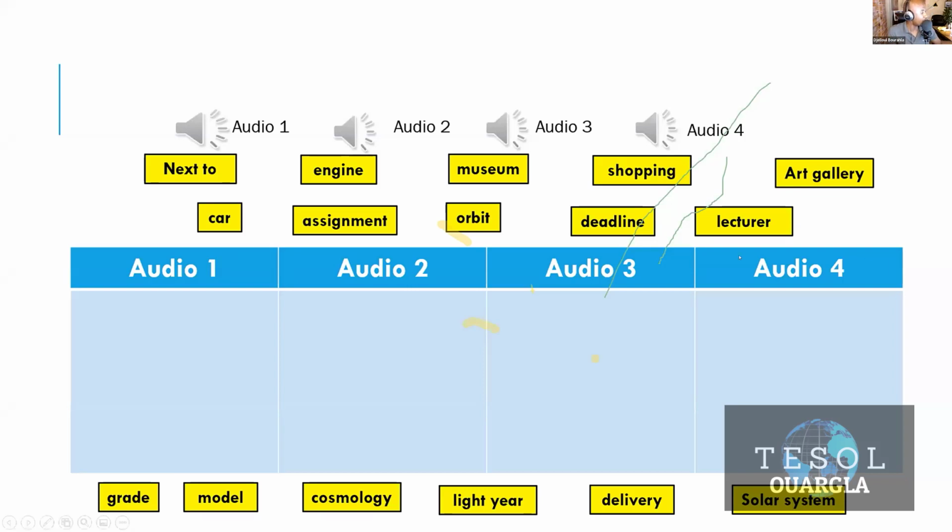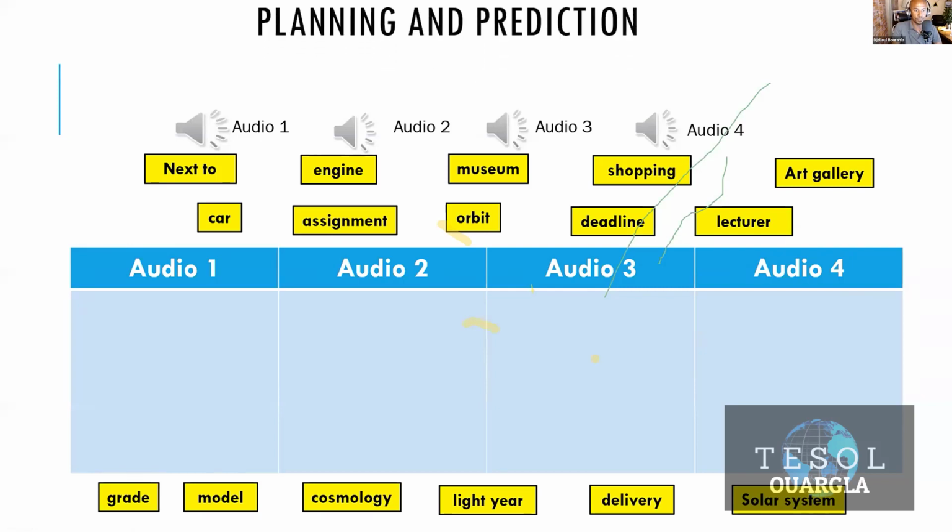Go ahead, please write down in the chat box. Car. What else? Car sales. What else? Car engine. Shopping. Totally. Model. Yes. Sell. Buy. Customer. What else? Model. Delivery. Yes.